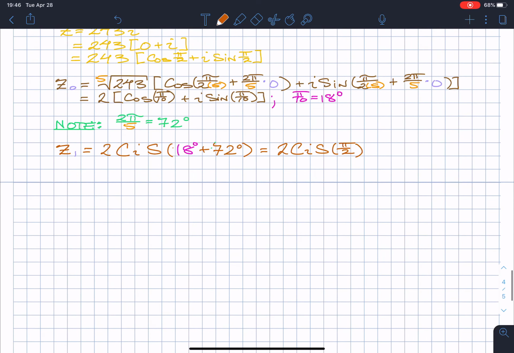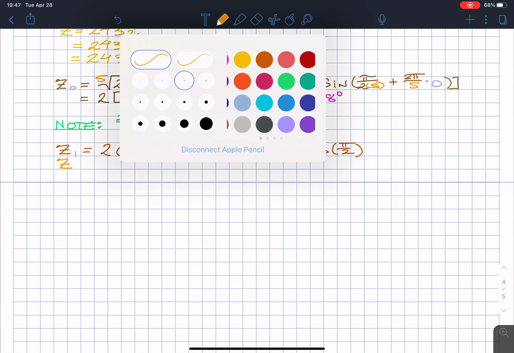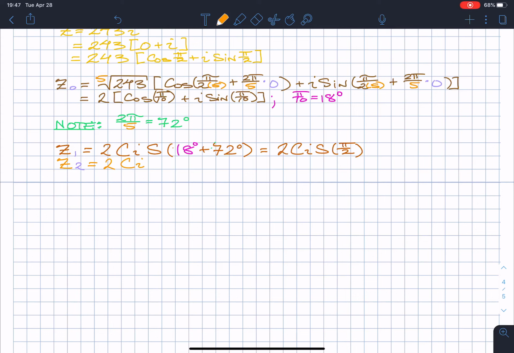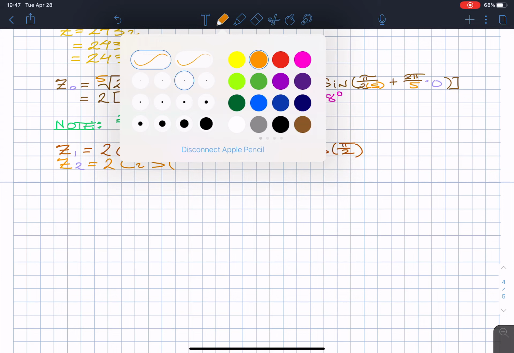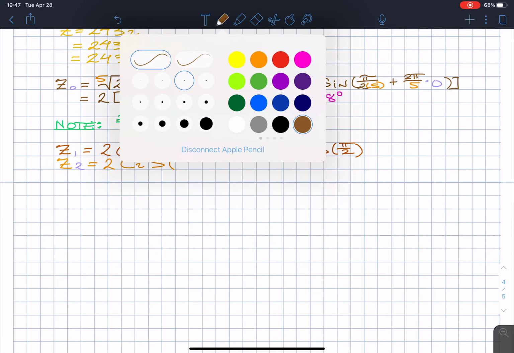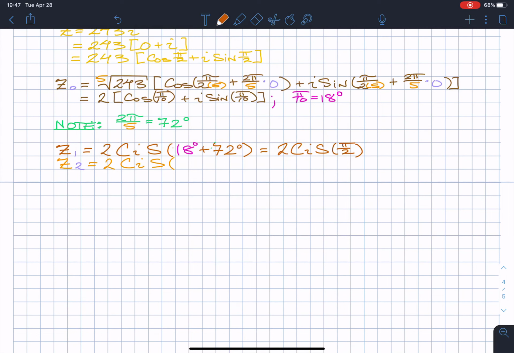Or 90 degrees. Okay, so z sub 2 will be 2 cosine plus i sine of 90 degrees, or pi over 2, plus 72.